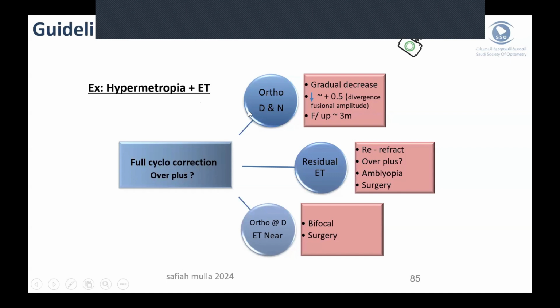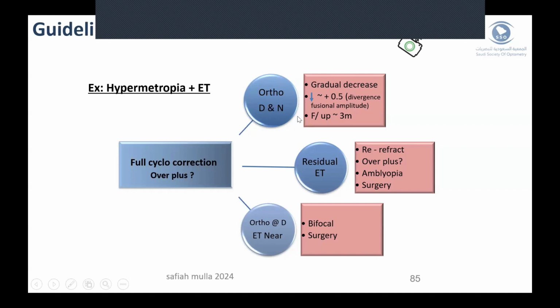So he came to you and you sent him home for 4, 5, 6 weeks, and then you see the patient. If you find that he's ortho, that's fine, distance and near, then we are happy with the glasses. You try to gradually decrease that amount of plus because we want him to accommodate by himself. We take plus 0.5 and we see, is this going to make any difference?